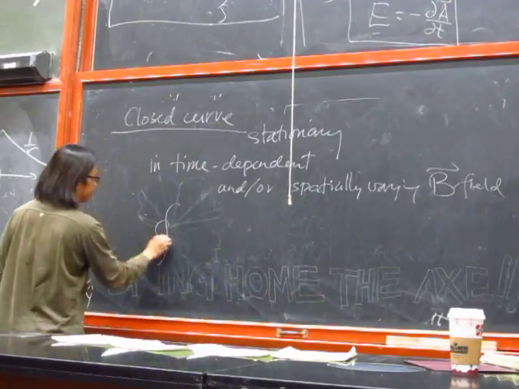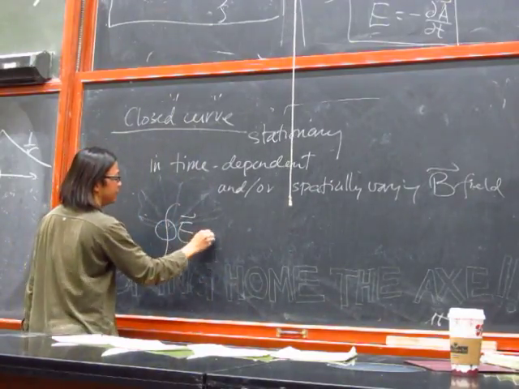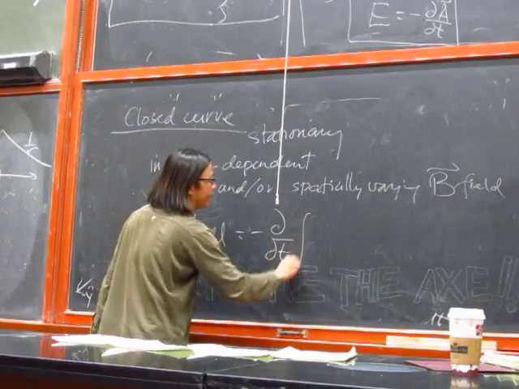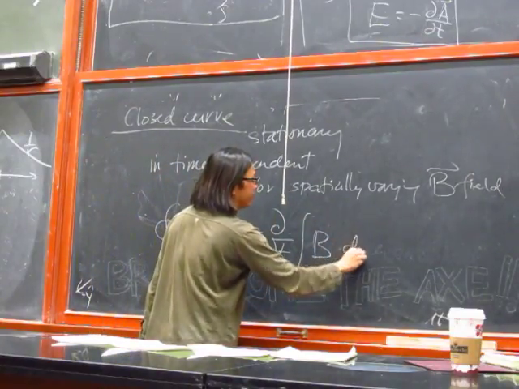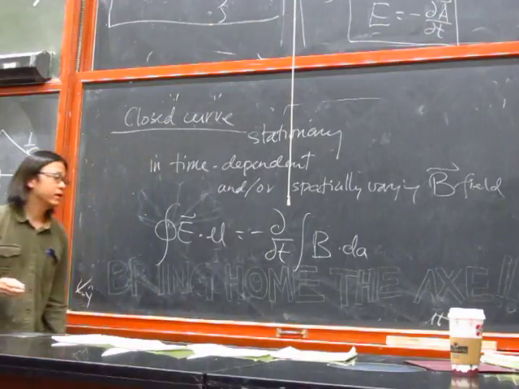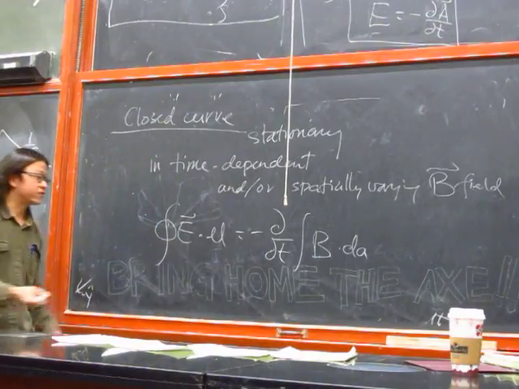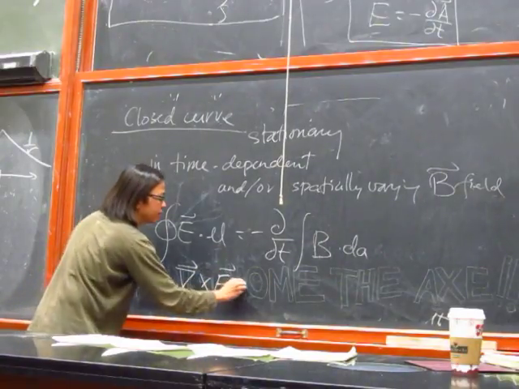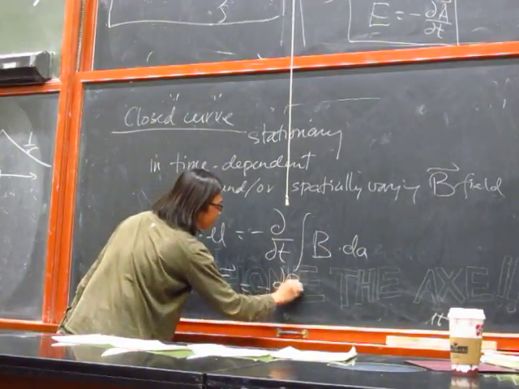Then you always have the line integral of E dot dl equal to minus the time derivative of the flux, or to write it in the differential form, the curl of E is equal to minus the partial derivative of B with respect to time.